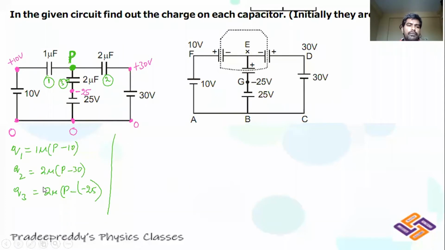But in order to find this charge, you need to find the potential. For finding the potential, I'll use one concept here. At this particular point, we are imagining this point as X. If you observe carefully, these 3 plates are isolated plates.